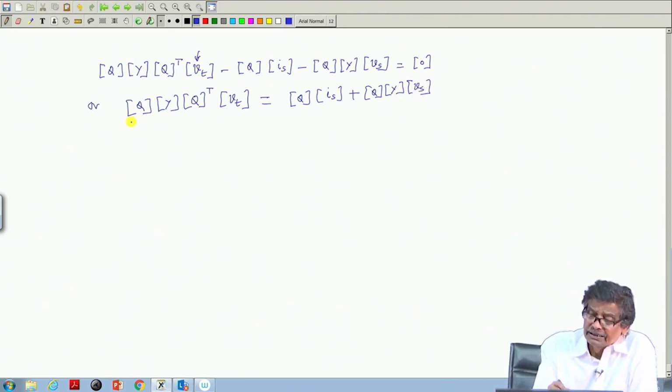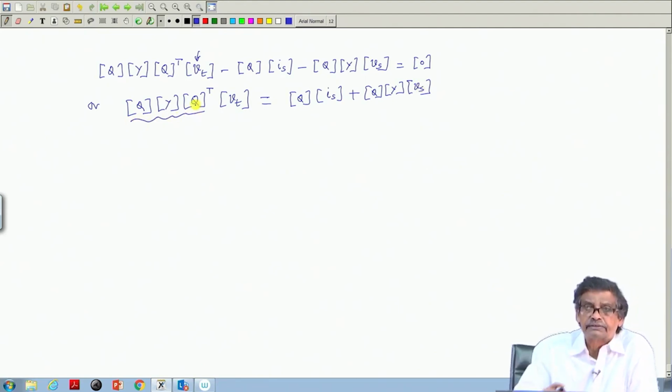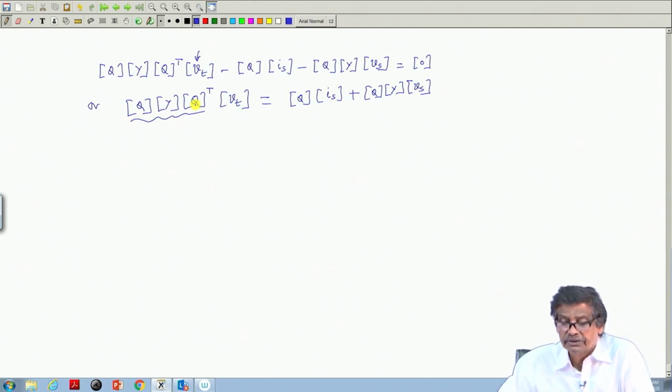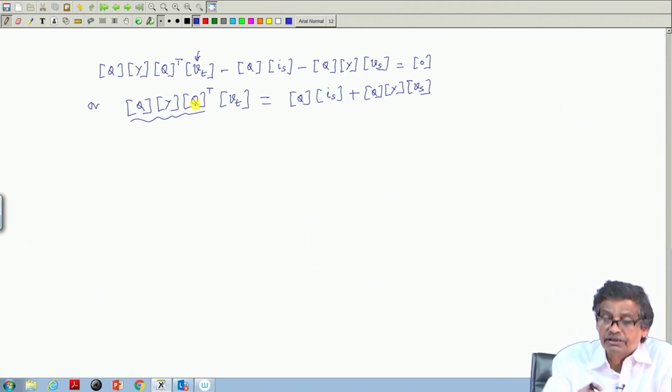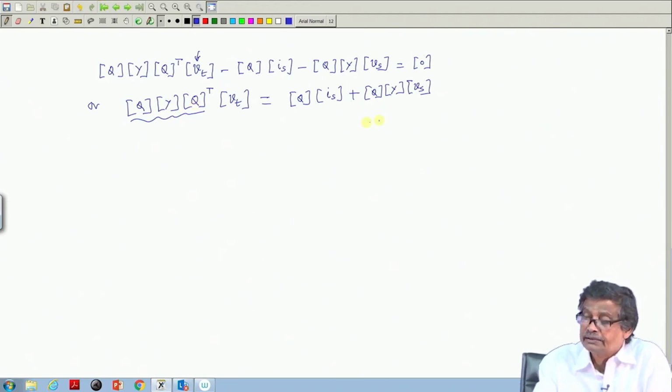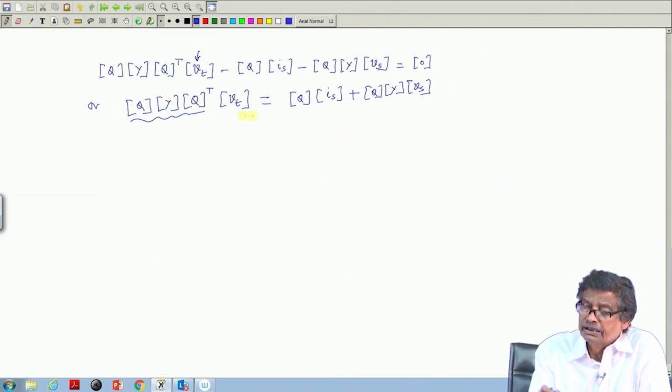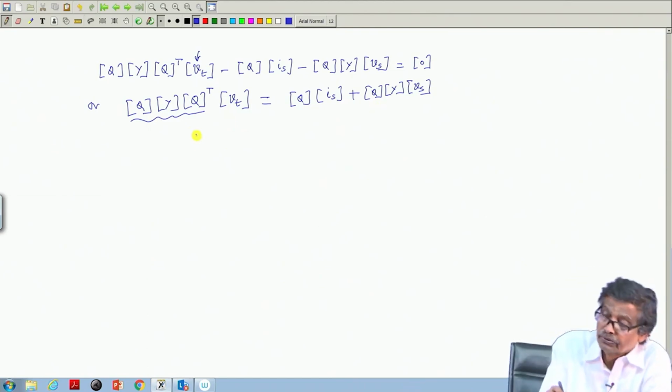So, this is once again the nodal admittance matrix. Earlier we got A y A transpose when we applied nodal method to calculate the node voltages. Here that A should be replaced by Q and the equation is similar. So, this equation can be solved and you get the value of the twig voltages.